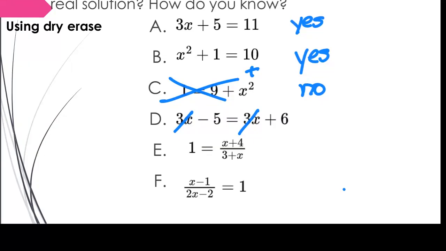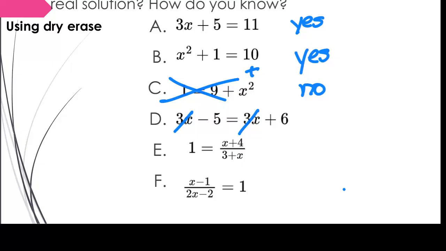All right, what about letter E? x plus 4 divided by 3 plus x. Could that equal 1? Could it? Aiden, what do you think?